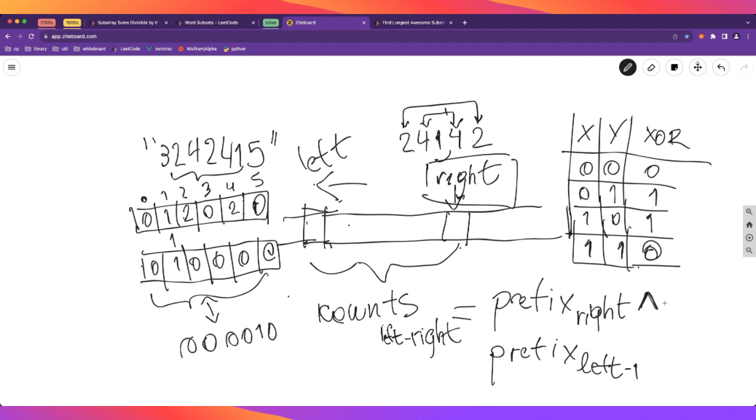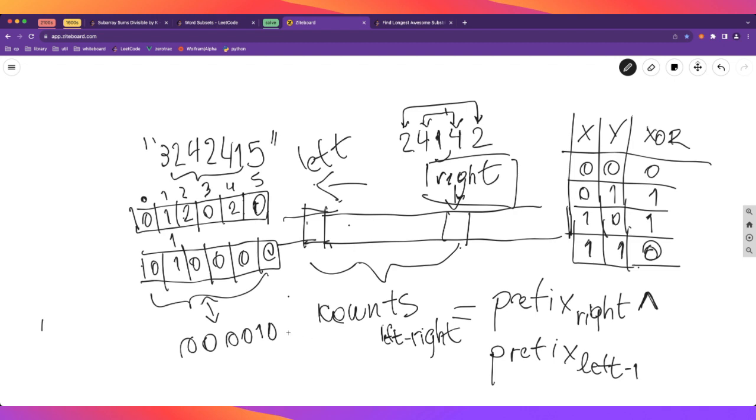But that is going to be the result of this, right? This is kind of a two-sum situation where we have an equation, and we have one of the variables we already know, which is the prefix of right, and we want to find the prefix of left, so that the counts are one of the possibilities.